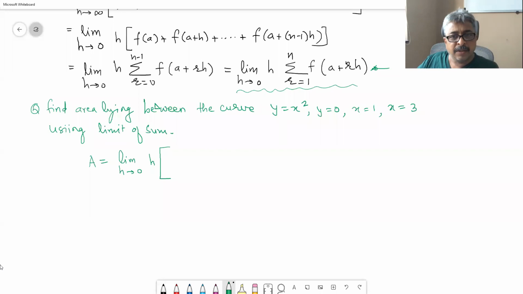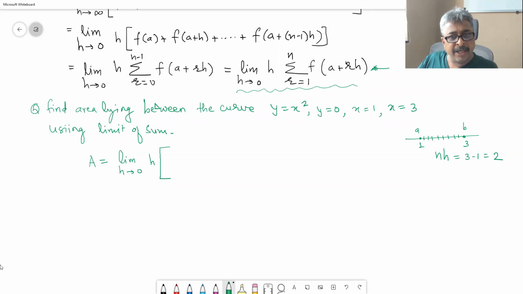Before that, our limits are 1 to 3, so my a is 1, b is 3, and I am making n subintervals. All of them are of equal length. The total number of intervals is n, and the width of every interval is h. So when I multiply n by h, I should get 3 minus 1, which is equal to 2.